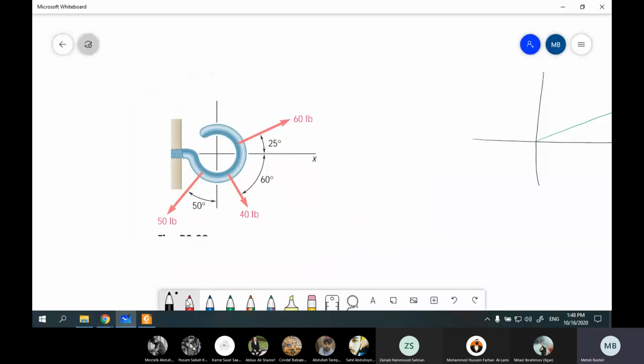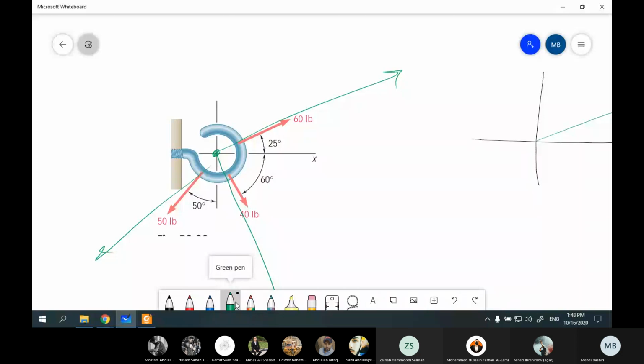This bolt is subjected to three forces. For example, you have cables like this: one cable, two cable, and three cable. All these cables are pulling this bolt out.